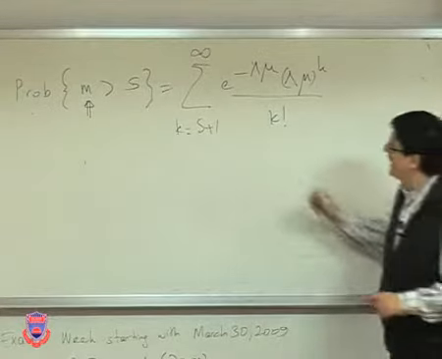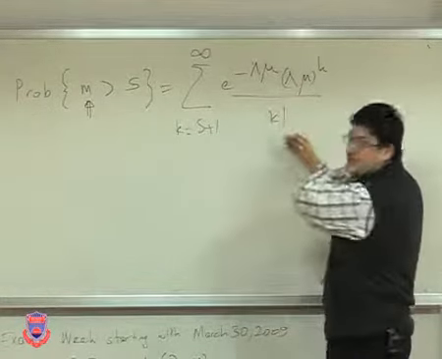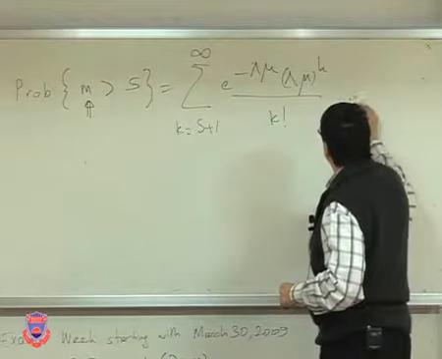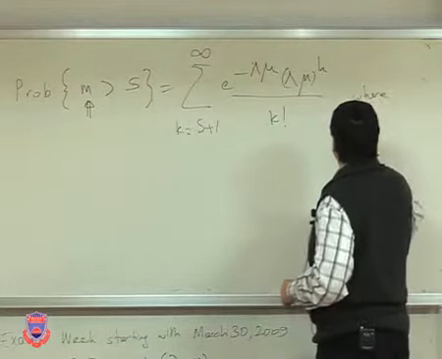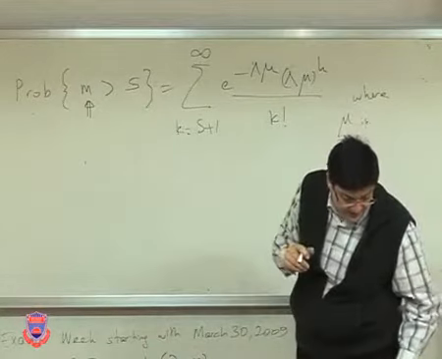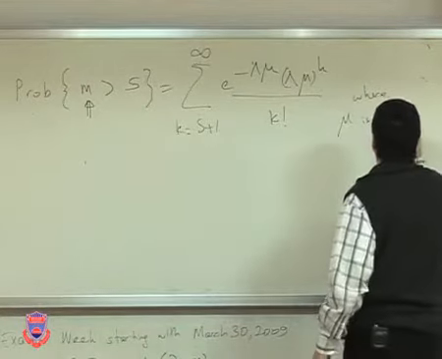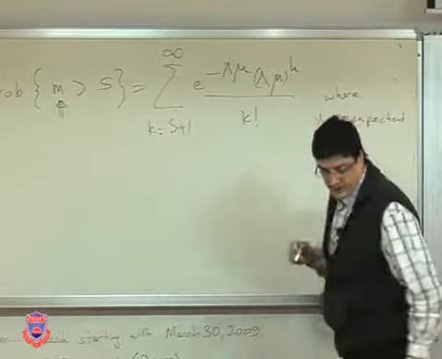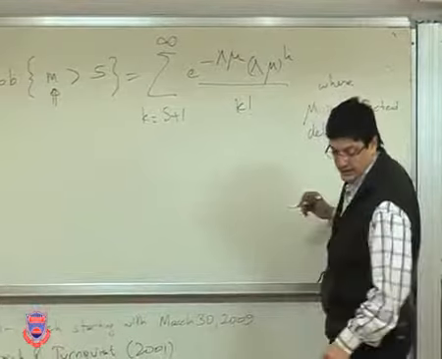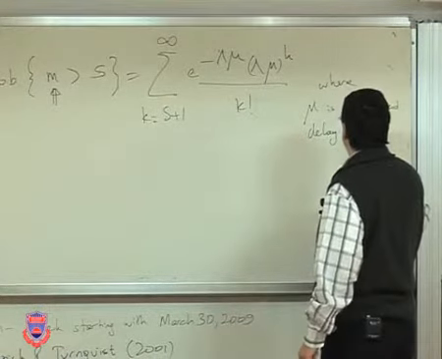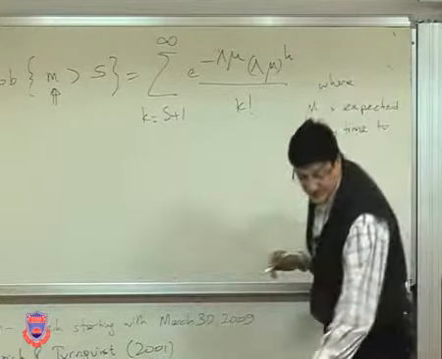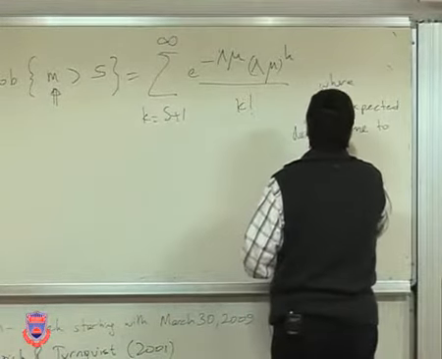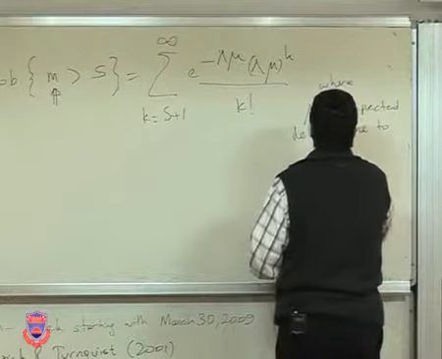Capital Lambda is defined there, and mu is the expected delay, or expected delivery time, to the DC.